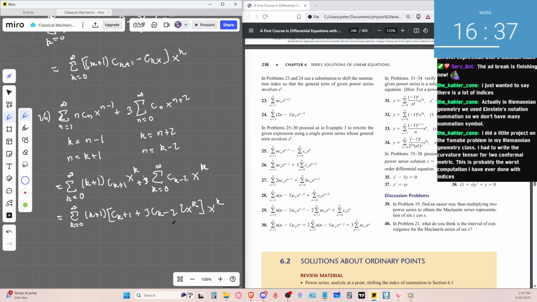This is probably the worst computation I had ever done with indices. Oh, dang. Did it take up a majority of the board when you were writing it down? I'm pretty sure that problem took a long time then.